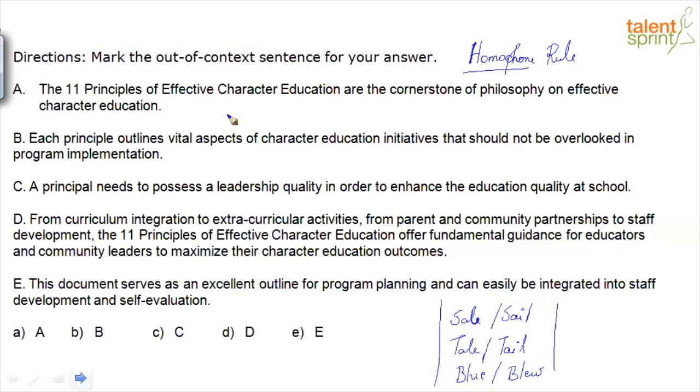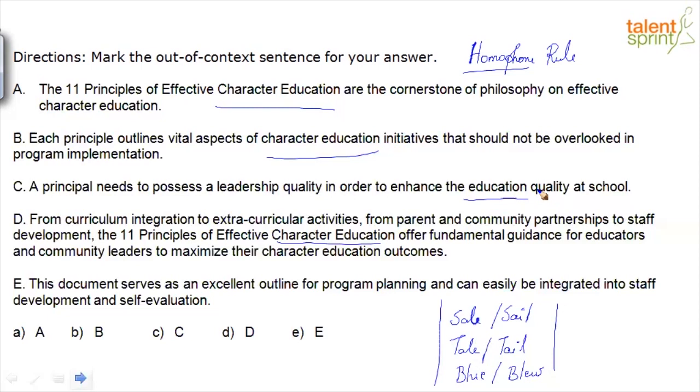Here again, we can continue to apply our underlying strategy, which is repeat words and phrases, right? Character education, character education, character education, right?